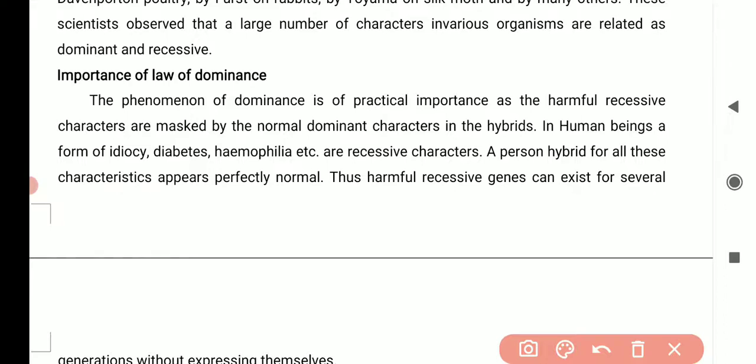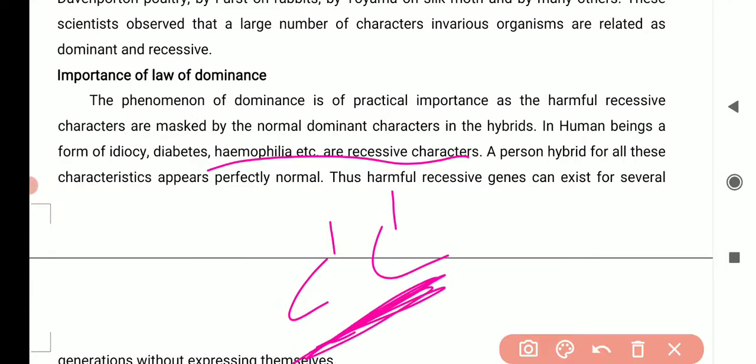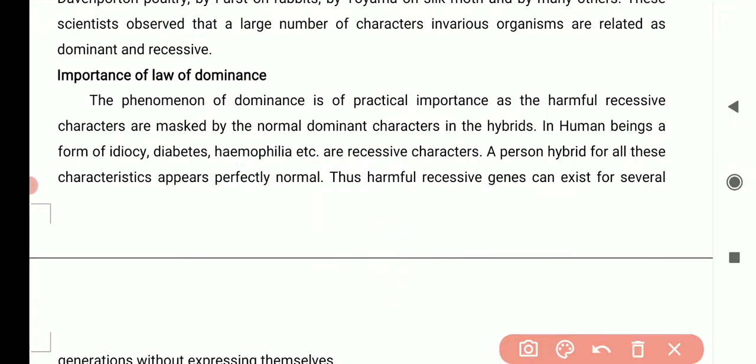These recessive characters will show if the alleles are in the homozygous recessive nature. So a person that is a hybrid for these characters will be perfectly normal.